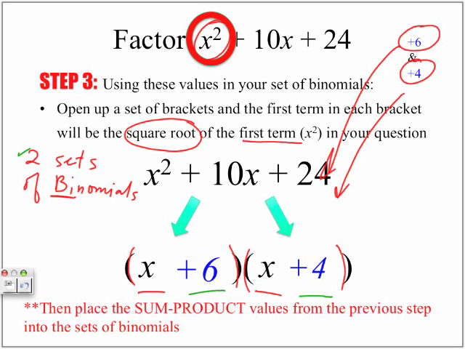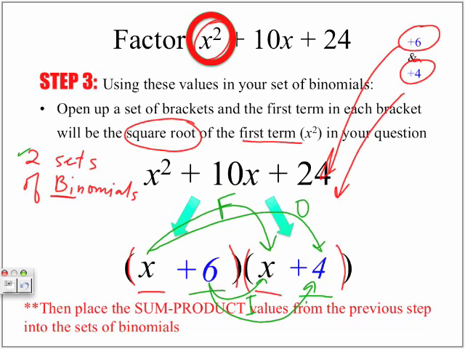Now, how do we check to see if we're correct? Well, if we FOIL: first, outer, inner, last, this is to check our answer, we will get x squared plus 10x plus 24.